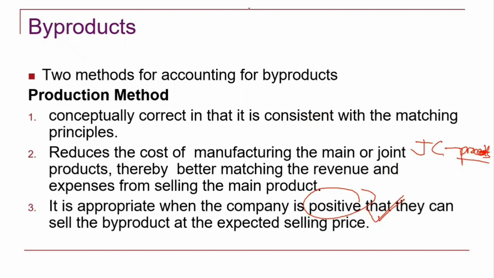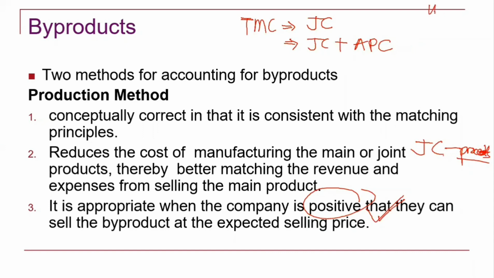So singit lang po natin to total manufacturing cost. Kapag hindi ipaprocess further, ibebenta na at split off point, yung joint cost na mismo yung total manufacturing cost. Pero pag pre-process mo further, ang total manufacturing cost ay joint cost plus additional processing cost.